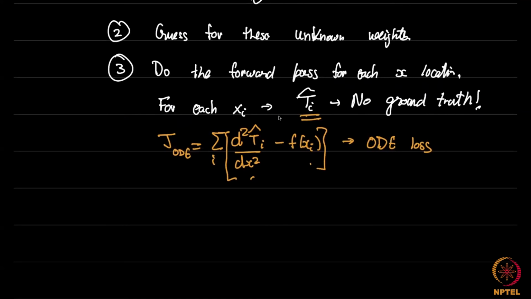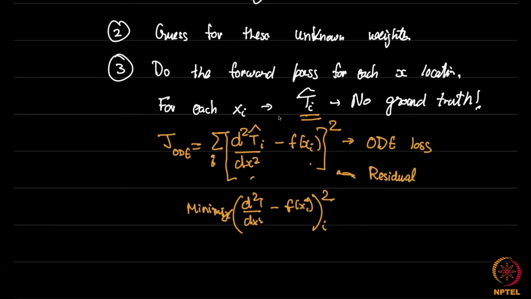Now, we can't satisfy that at every point, but we can minimize it. So instead of doing this, you try to minimize, which would be the same as trying to force it to 0 if we can do so. Okay, so what we do is we simply create a loss function, which is the sum of the individual residuals of the ODE.